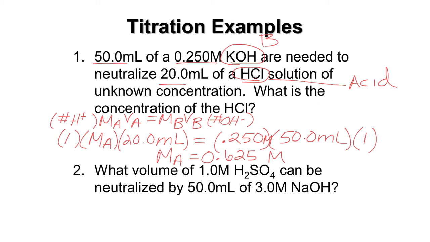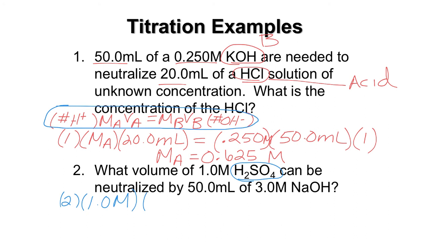All right, next one. What volume of 1 molar sulfuric acid can be neutralized by 50 milliliters of 3 molar sodium hydroxide? So we're starting with the same formula. Again, to save space, I'm not going to rewrite it. All right, here's our acid. We do have 2 hydrogen ions present in our acid, so we do need to take that into account. The molarity of the acid is 1.